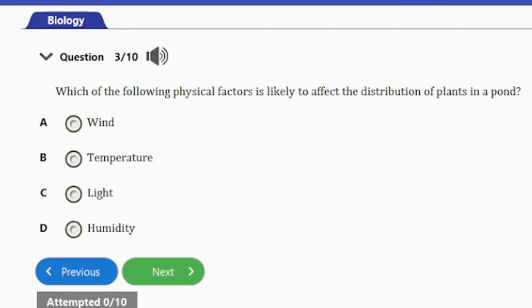In a pond, light can be a limiting factor for the growth of the plants at different depths. The more light requiring species of plants will grow more on the surface, whereas the ones that require less light will grow in deeper parts of the pond. So that's it for that question.